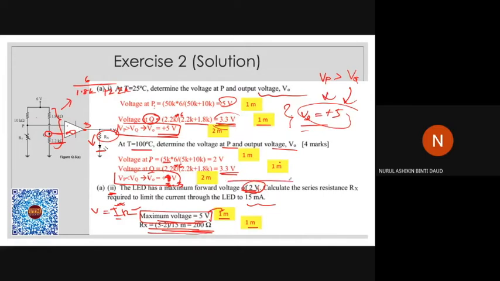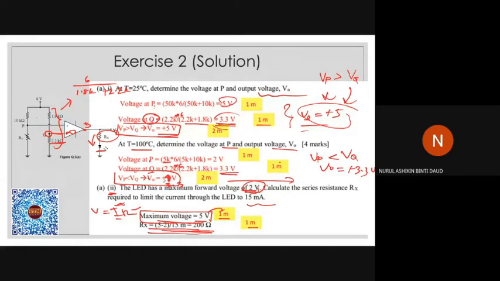Same as this for these questions: when VP is lesser than VQ, the output voltage is positive 3.3 volts. So be careful not to forget to write all this information, because it is very useful to you and will also carry marks.